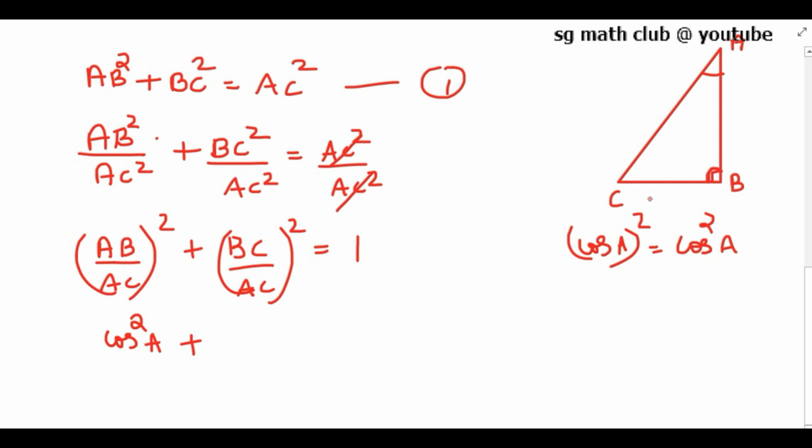BC is the opposite side of angle A and AC is the hypotenuse. So using the trigonometric ratio, this will be (sin A) whole square, which is sin square A, equal to 1. So we got our first trigonometric identity, cos square A plus sin square A equal to 1. We took a right angle triangle, wrote the Pythagoras relation, divided throughout by AC, the hypotenuse, and wrote the equation in terms of trigonometric ratios.